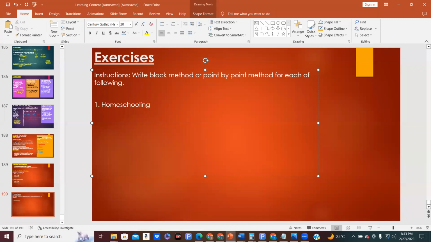Do not write down the sentences. You're just going to write block method or point by point on the page, okay?